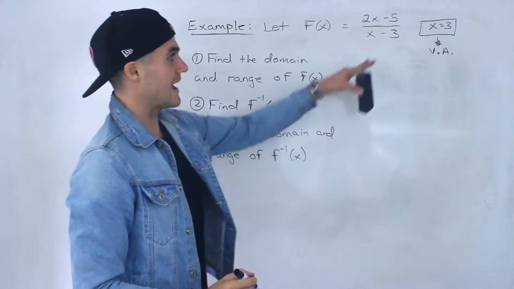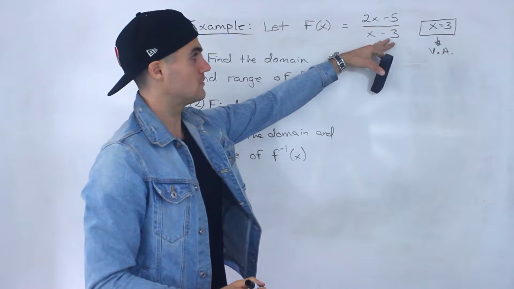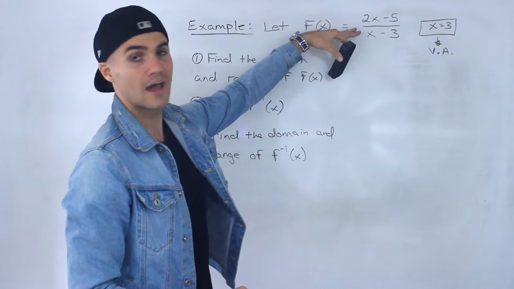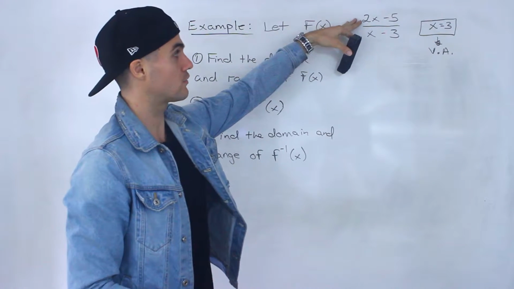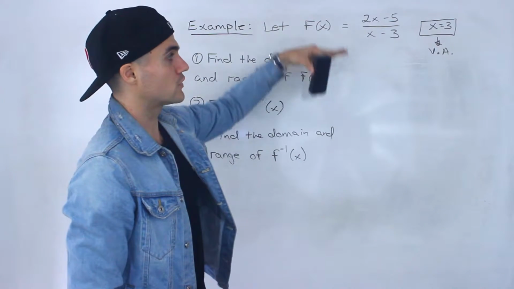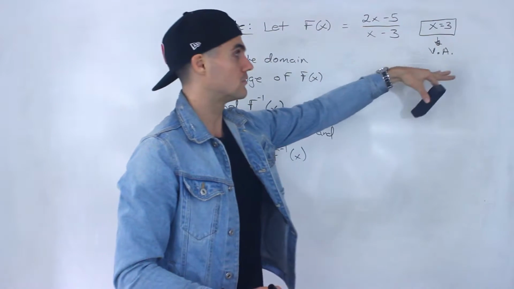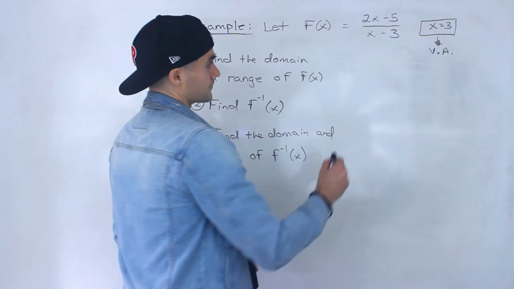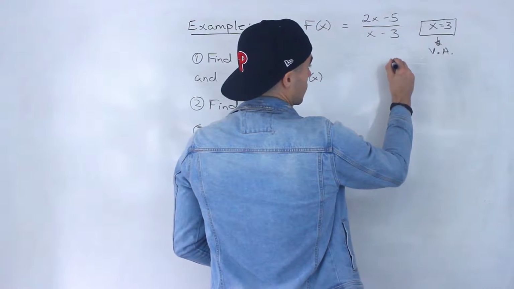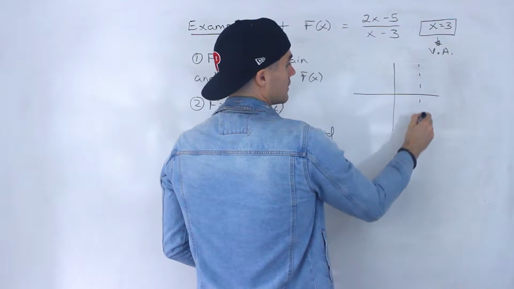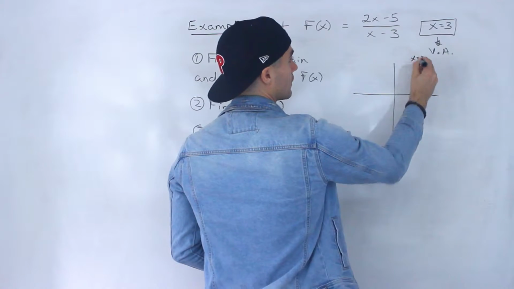That x value is going to make the denominator 0, and because it makes the numerator equal to something else, 1, if we plug in 3 for x, it's going to be 1 over 0. Whenever you get a number over 0, it means that there's a vertical asymptote there. So if we were to graph this, we would know that at an x value of 3, there's going to be a vertical asymptote.